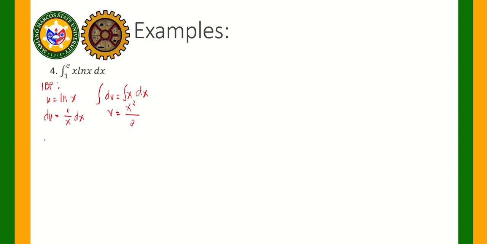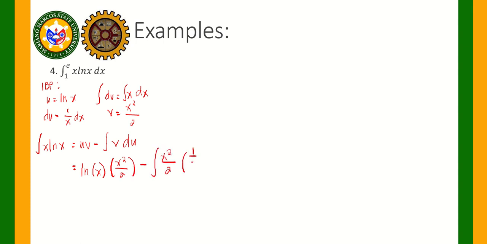That is equal to the integral of x ln x is equal to uv minus the integral of v du. So, plug na natin. What is u? That is ln of x. Tapos, v natin is x squared all over 2 minus the integral of x squared all over 2 times du, 1 over x dx. Okay, so let's simplify.